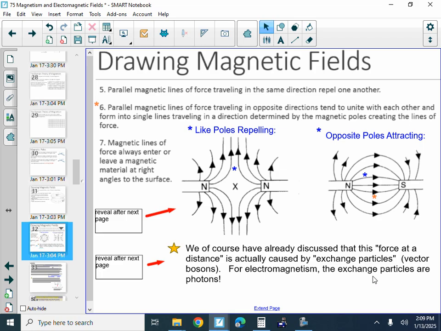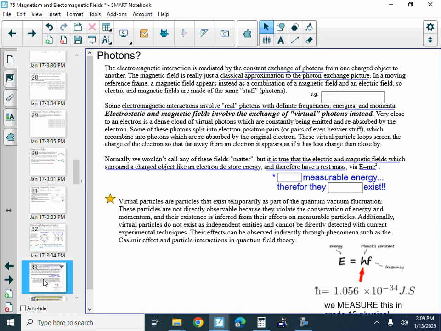So again, all of this is actually caused by exchange particles, and in this case, photons. Okay. So this view here is the classical physics interpretation of electromagnetic fields, right? Where it's these fields and these lines and they're repelling and so on. The quantum mechanical analysis of this is to do with the exchange of photons.